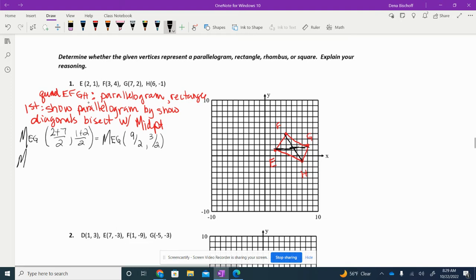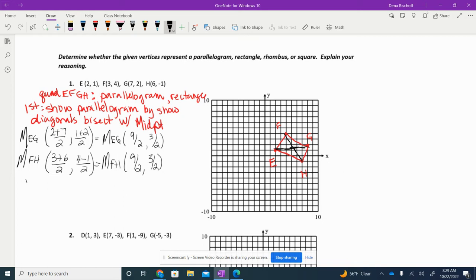Now let's find the midpoint of FH. The x coordinates are 3 plus 6 over 2, and the y coordinates 4 minus 1 over 2. So 3 plus 6 is 9, so the midpoint of FH is 9 halves, and the y coordinate is 3 halves.